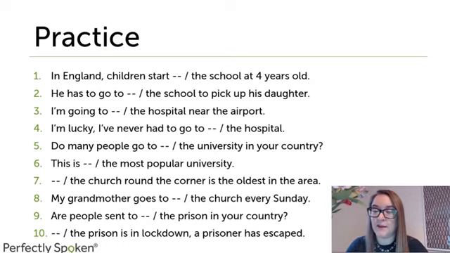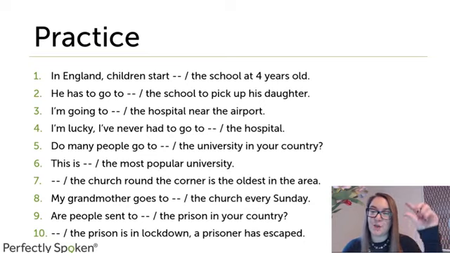So number 1, in England, children start school at 4 years old. Is it start school or start the school? Am I making a general statement or am I referring to a specific place? Now, when you look at these sentences, you'll notice that in each pair, I've used the same example.